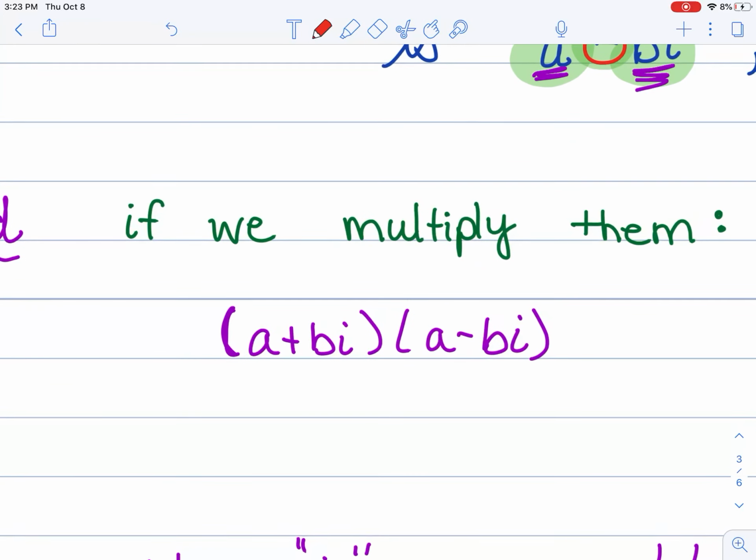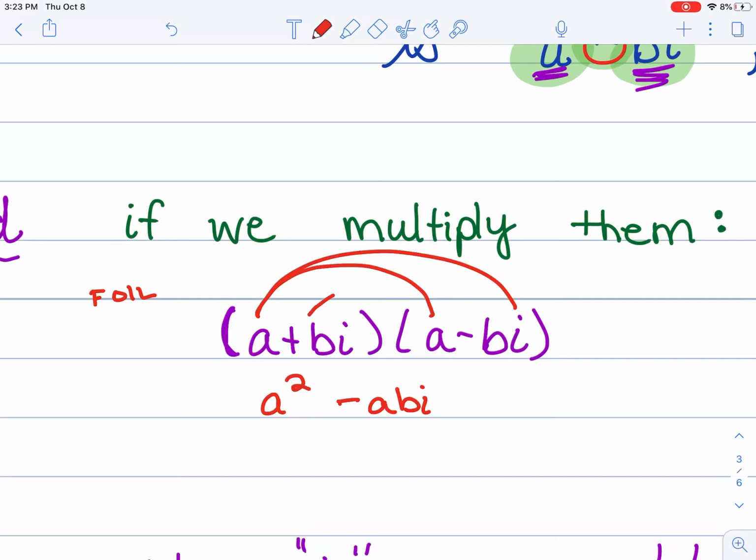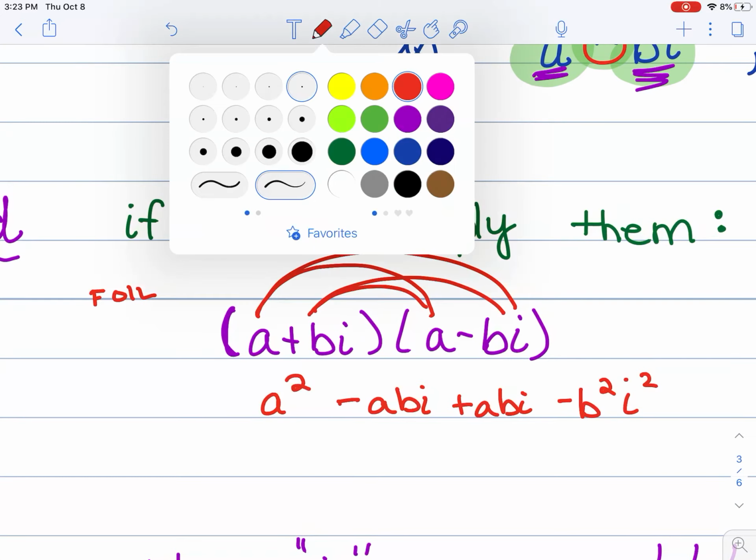So if we multiply them, let's see what happens. a times a is a squared. And again, we're FOILing. The outer term is a times negative bi is negative abi. The inner term is positive abi. And the last term is negative bi squared, i squared. Now remember, look at this.